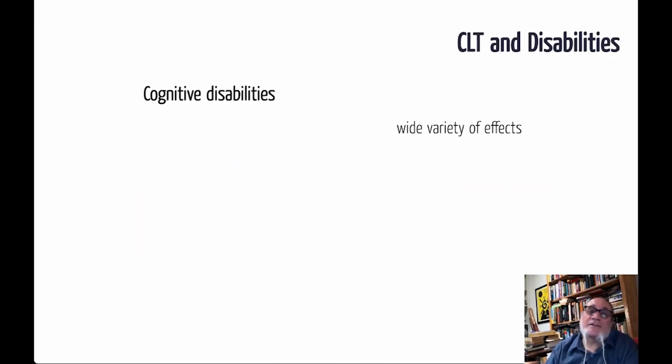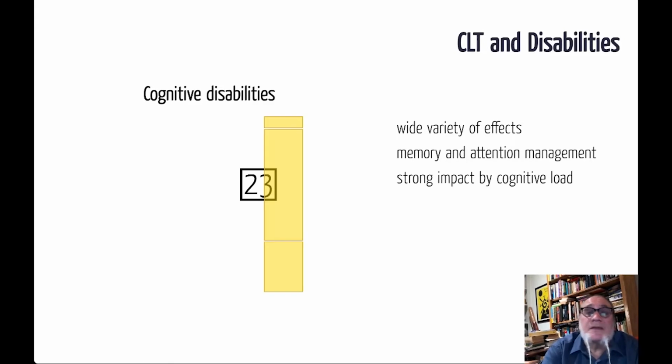And then there's cognitive disabilities. This is everything from ADHD, which I have, to dyslexia, to all sorts of more serious conditions, anything in the autism spectrum, anything having to do with traumatic injuries to memory or to mental processing, attention management.